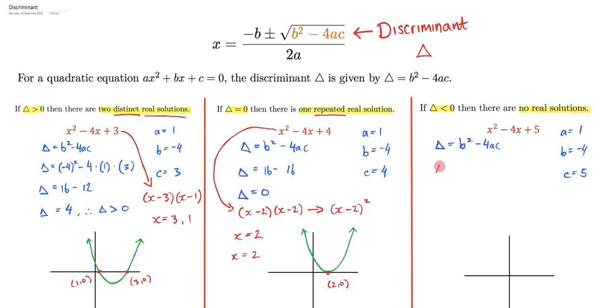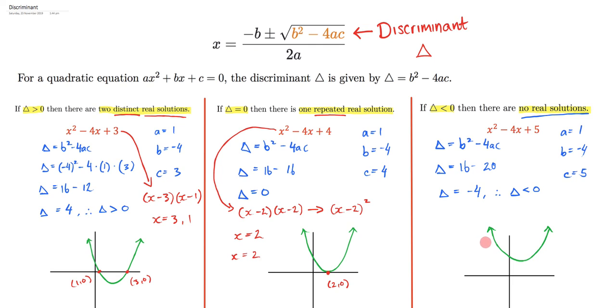I would then sub in my values. I'm going to do it quickly again. 4 times 1 is 4, times 5 is 20. So I'm going to get my discriminant is going to equal -4. Therefore, my discriminant is less than 0. And when it's less than 0, there are no real solutions. Or to say it another way, there are no places where my parabola touches the x-axis.